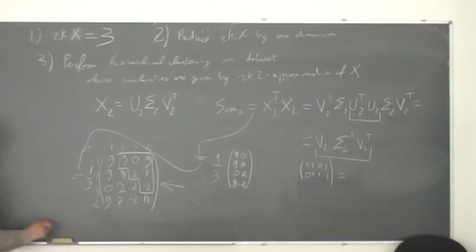So our first step will be merging, for example, documents 1 and 2 together at a similarity level equal to, well, actually it's 9/3, because we also have a 1/3 coefficient here outside.